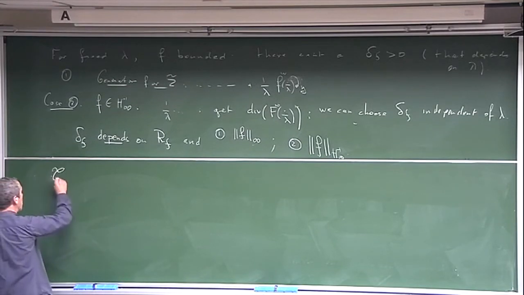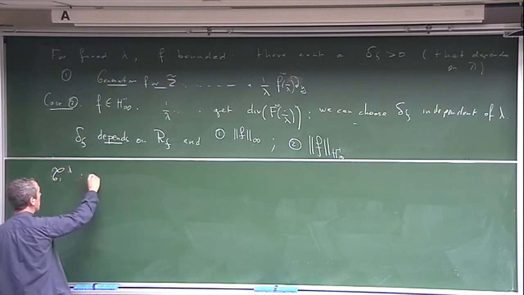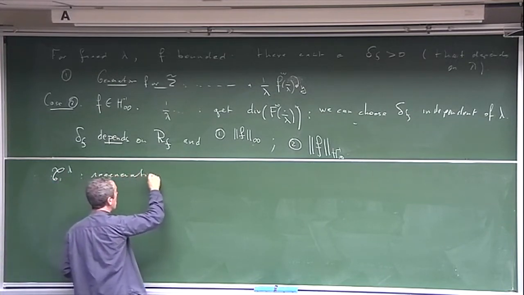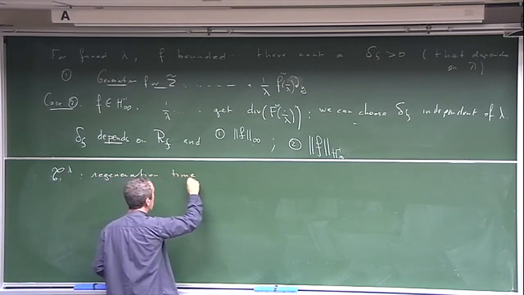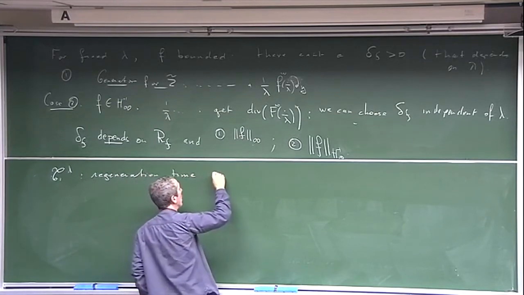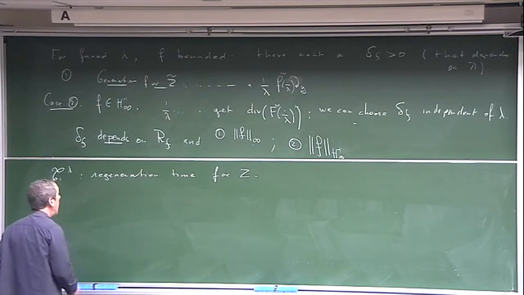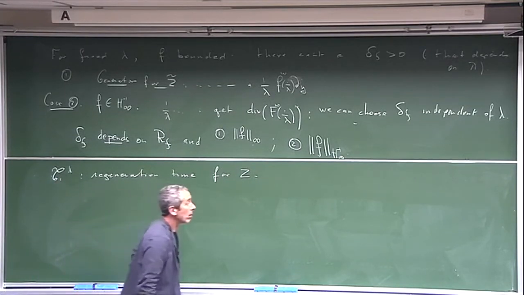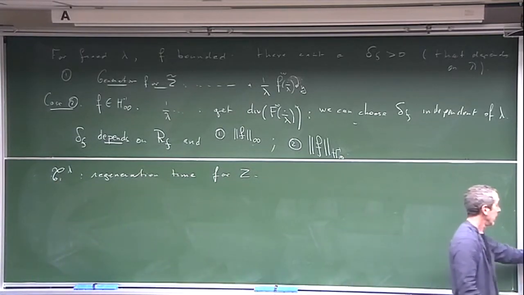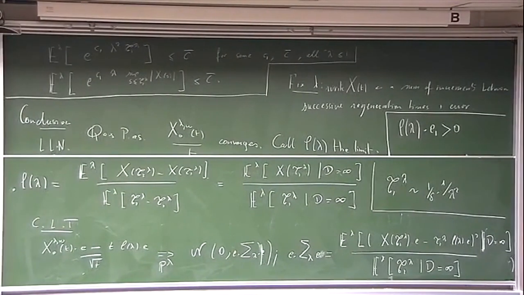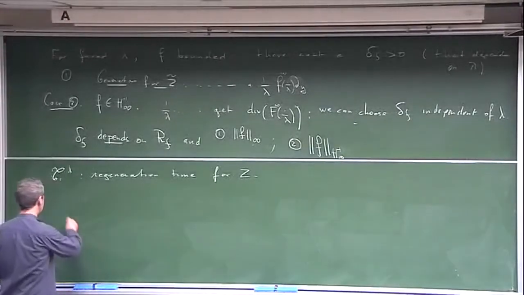So let us now call tau lambda, tau 1 lambda, the regeneration time for Z. And we want to express the bounds that we can prove, and we will get these two cases.